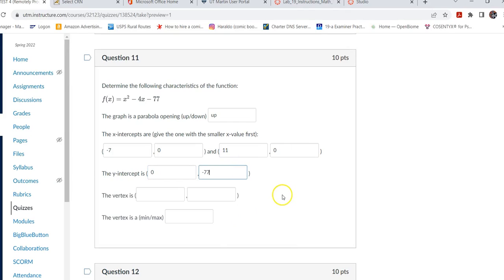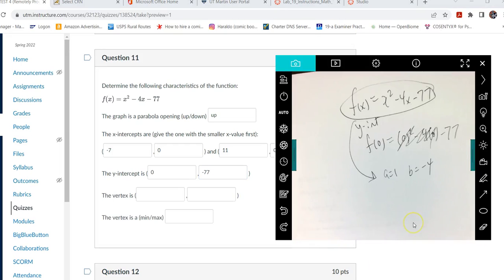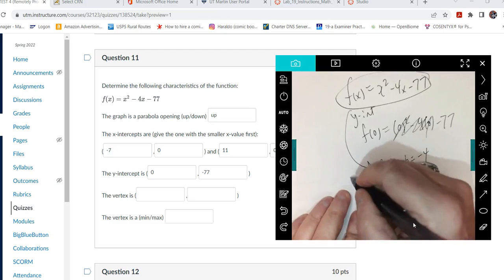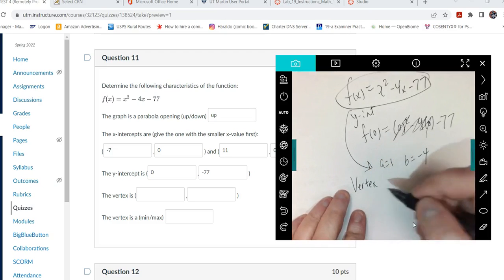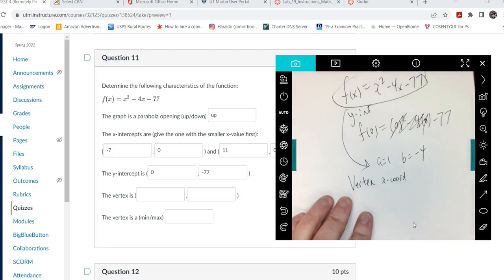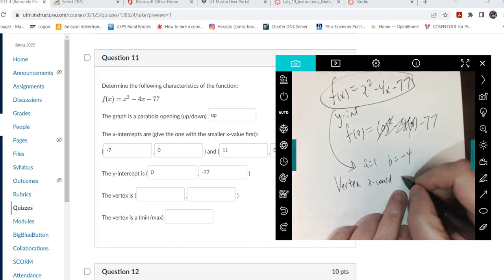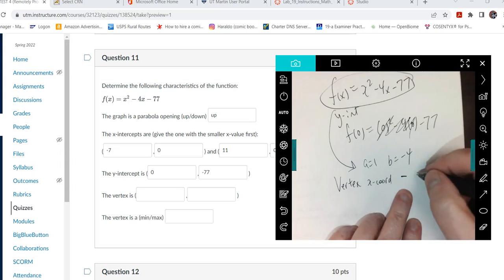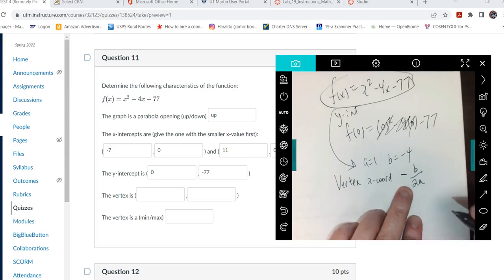Now what about the vertex? Okay, well, the vertex of this, a is equal to 1, b is equal to negative 4. Okay, so the vertex, the x-coordinate is going to be minus b over 2a.